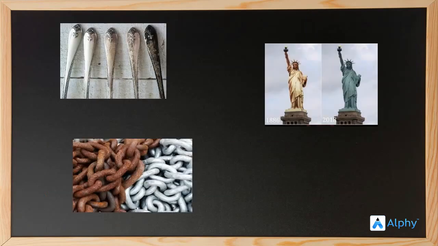The first one, look at the picture where you have the spoon handle. You can see that the first one is nice, bright and shiny, but it becomes a little dull. Then it becomes black over time. So why does it become black? Because of corrosion. Yes, that is obvious. But chemically, what is happening?